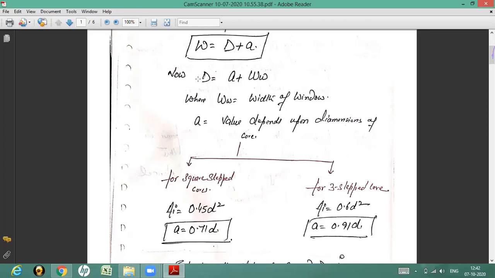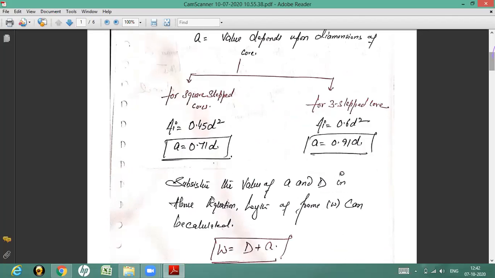You can get a value of capital D. Again, substituting this capital D here and addition of this small a, you can get a value of W, and this W is called the length of the frame. So here I can write down, substitute the value of A and D from the above equations. Depending upon which type of core you use, the length of the frame W can be calculated.